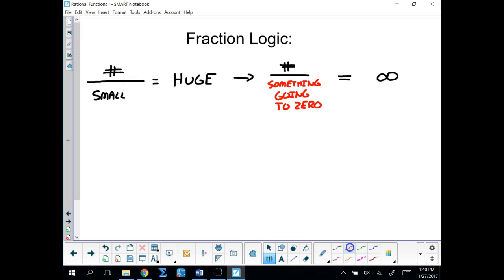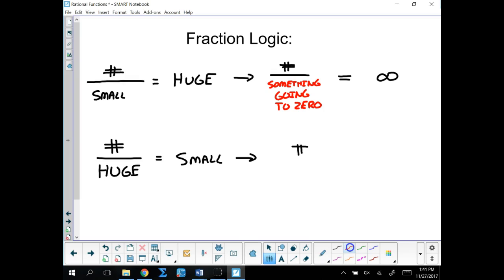Let's change that around. If I take a number and I divide it by a huge number, it's going to get smaller, right? Okay, makes sense. Because now my denominator is getting bigger, so that means my numerator stays the same, so that's going to become a small number. Okay?